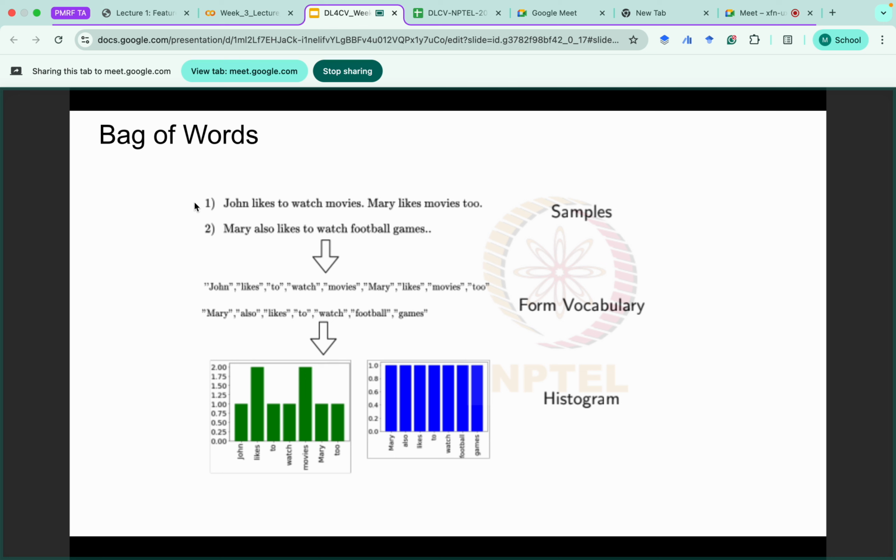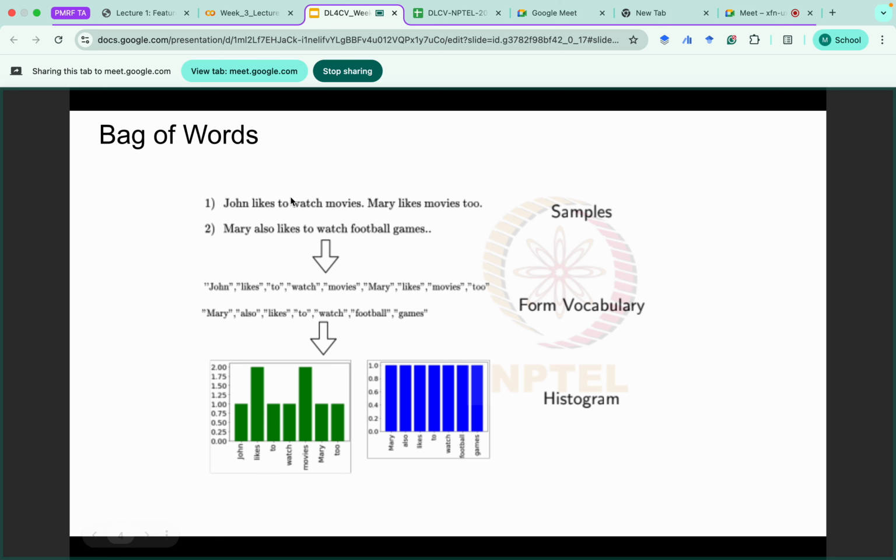The elements of the statement are basically the words, right? John likes to watch and so on. As these are English words, there is a vocabulary, right? Like, a fixed number of words. So I can use that vocabulary, and based on that, I just get a histogram of what word occurs with what frequency in a particular statement.